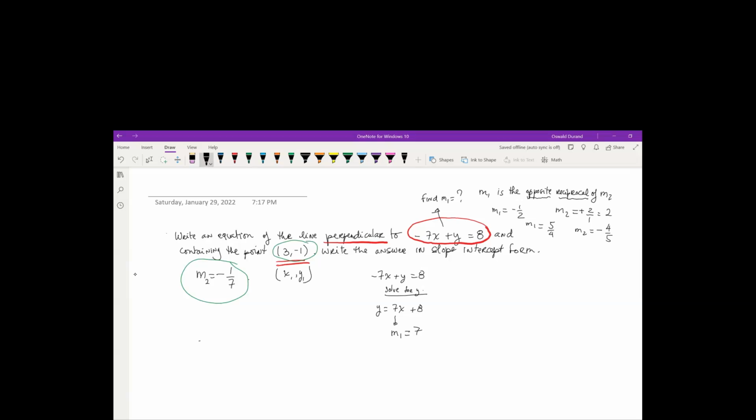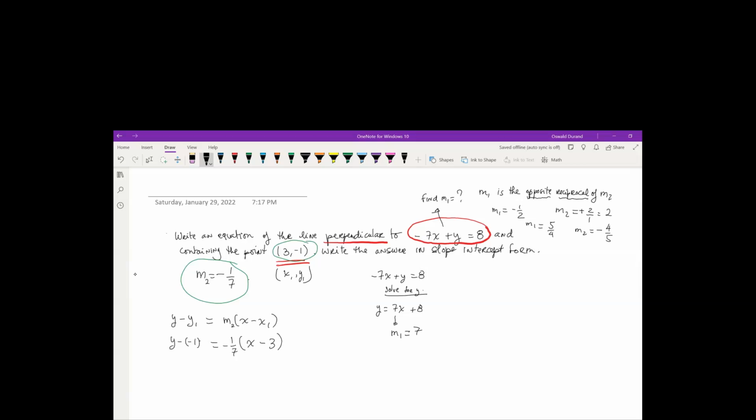We're going to use the point-slope form, which is y minus y1 equal to m times (x minus x1). We know all the information now. y1 is -1, so we have y minus -1 equal to m, which is really m2, -1/7, times (x minus x1, which is 3).